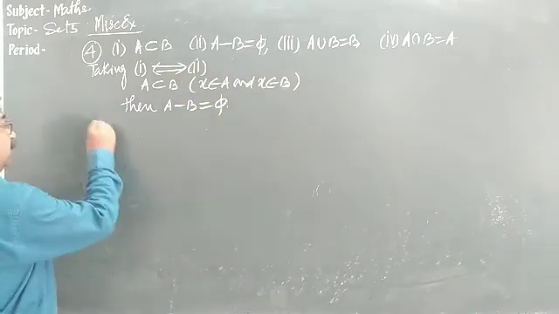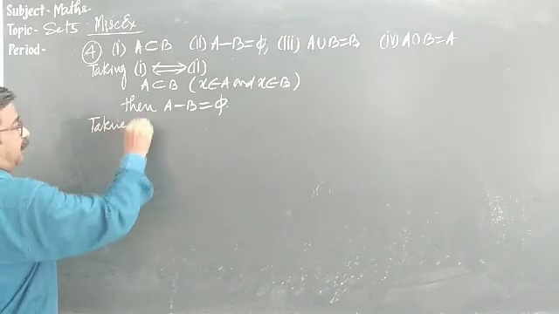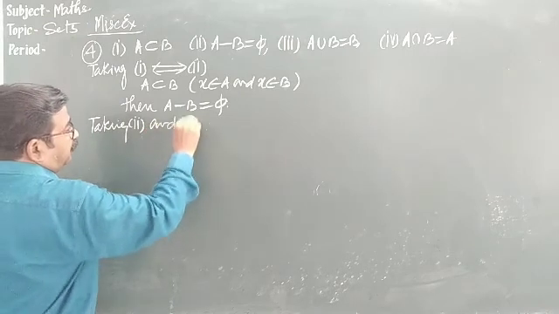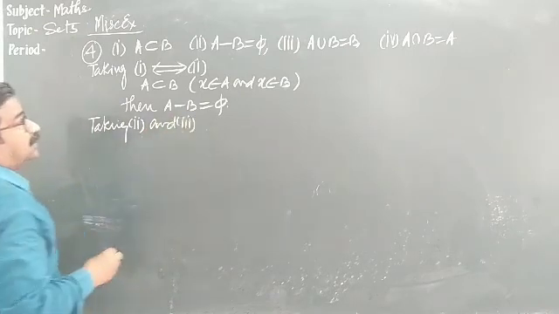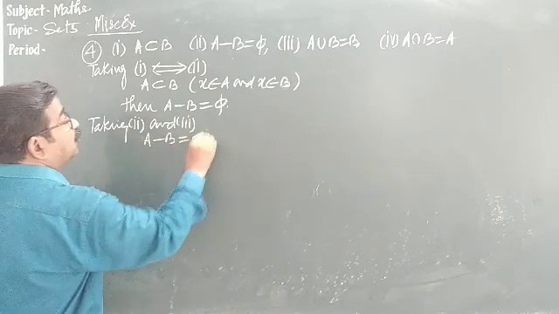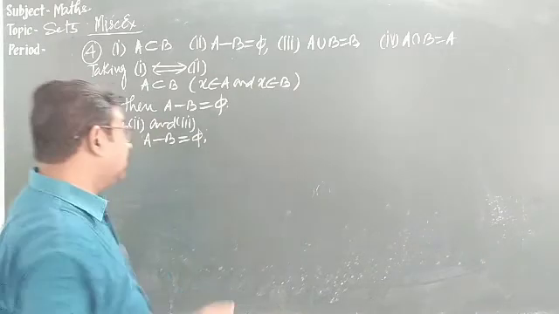Taking second and third, like this, means A minus B is equal to empty set. Means what?